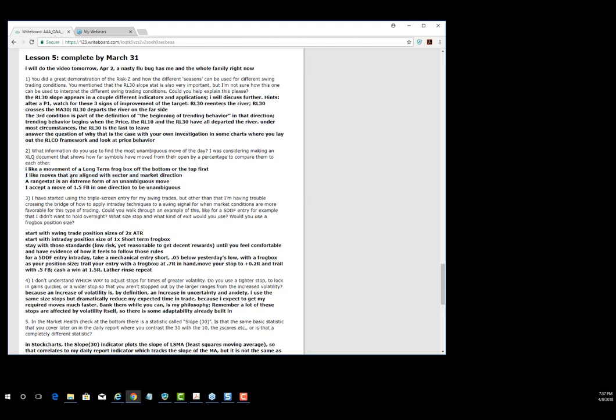Really, the most extreme form of an unambiguous move for the day is a range stat. If it has moved a range stat in one direction, then by definition, that's an unambiguous move. In the hybrid frog system, I really treat a move of 1.5 frog boxes to be unambiguous.